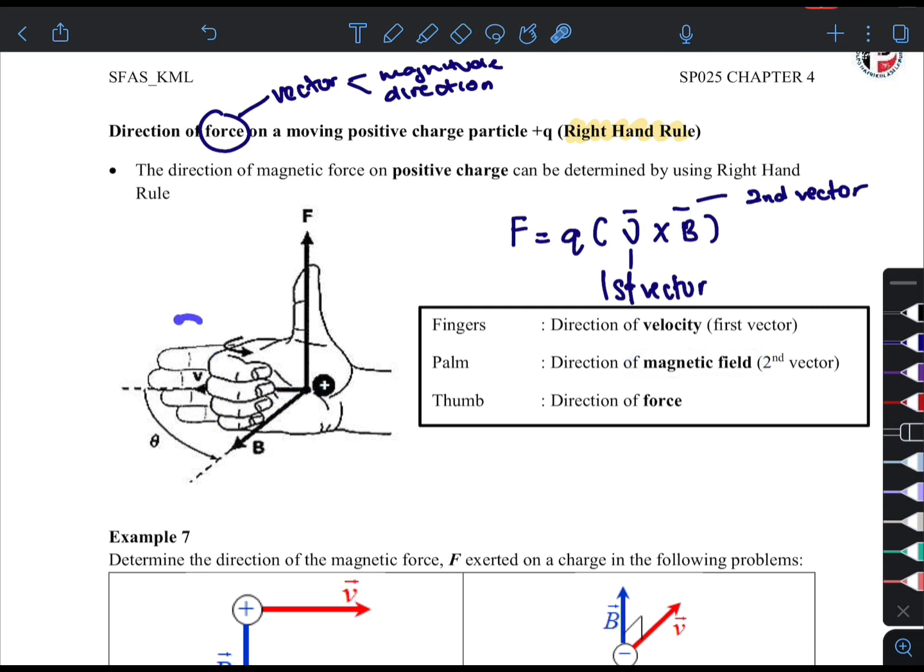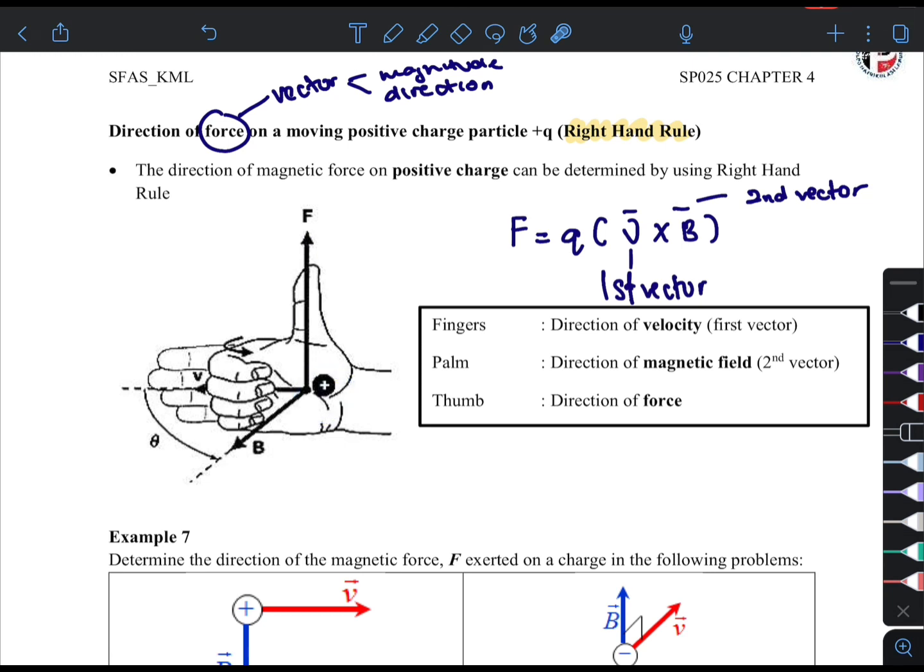So when you swipe your fingers into the palm, you will be pointing your thumb in the direction of magnetic force. However, the direction of the thumb that we get, which indicates the direction of force, is valid when your charge is a positive charge.